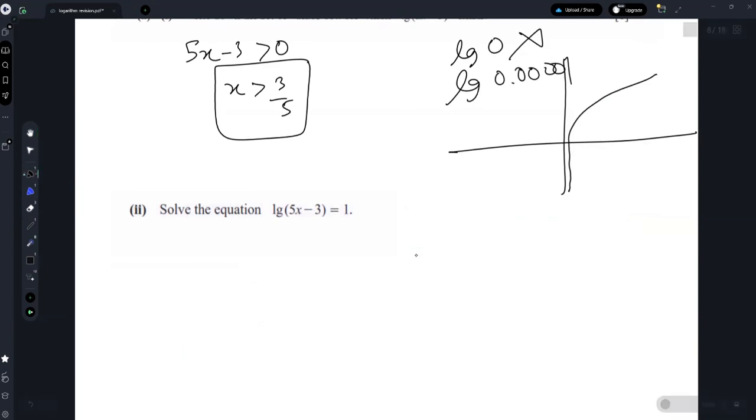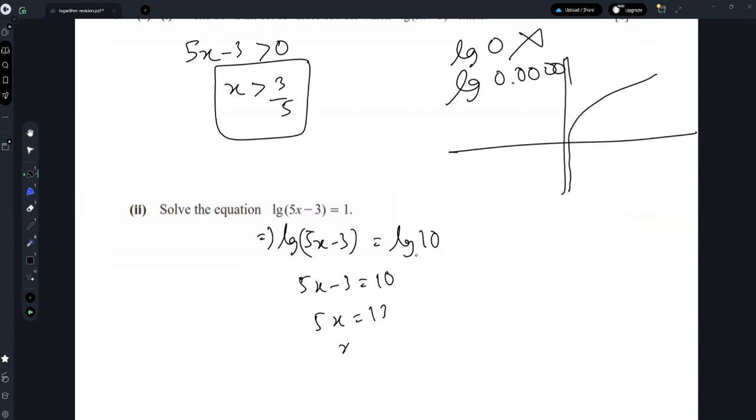Because I noticed that this is lg, I can just write lg of 5x minus 3 equals lg 10. So therefore, 5x minus 3 equals 10, 5x equals 13, x equals 13/5. All right. Similarly, there is another question.